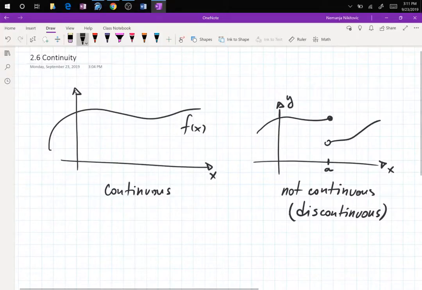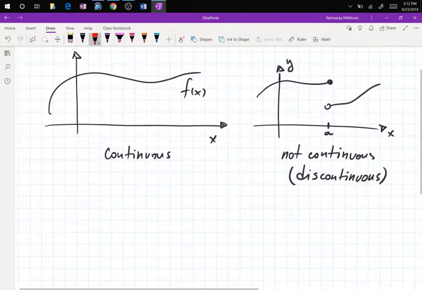If you look at the left side, it seems that f of x is continuous at all points along the line. And we would like to also figure out a way to compute continuity, or to show that the function is not continuous.